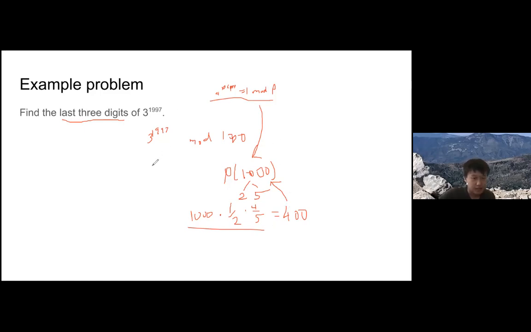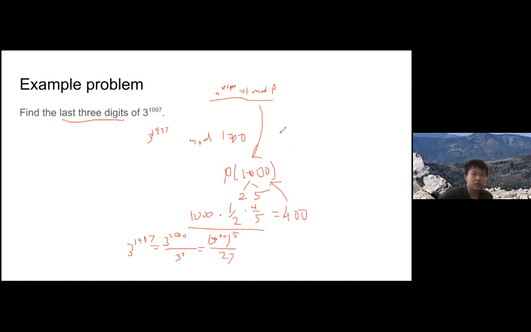Okay, back to the problem. 3 to the 1997 is 3 to the 2,000 over 3 cubed, which is 3 to the 400 to the 5th all over 27.